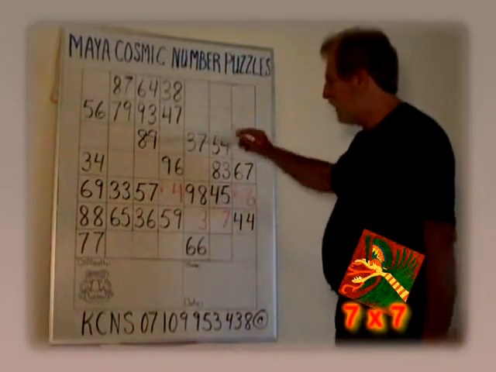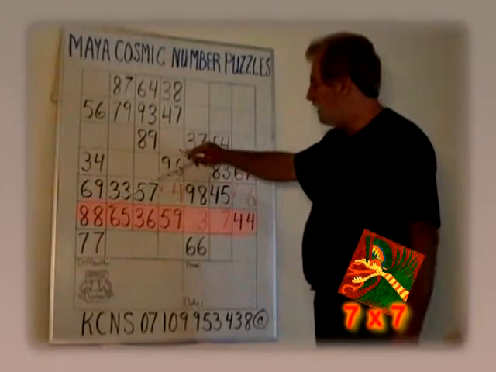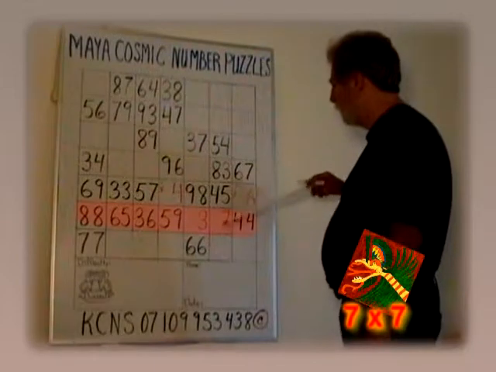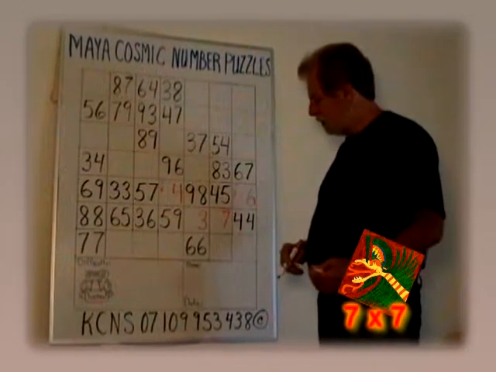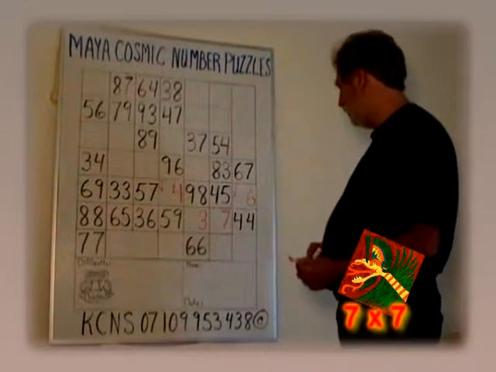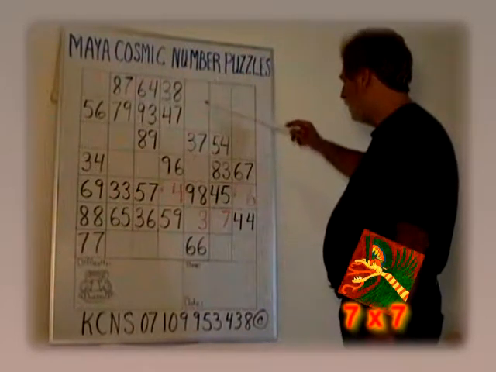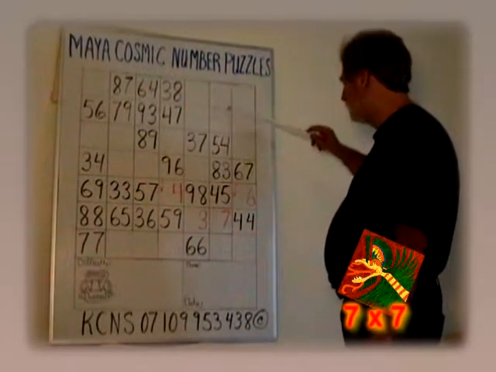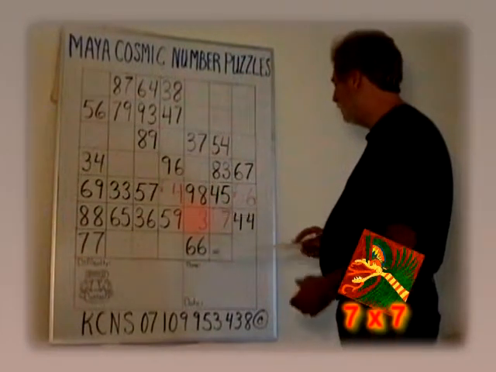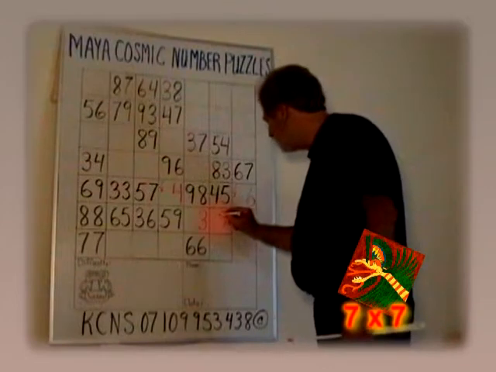Solving for the left side, we have an 8, a 6, a 3, a 5, and a 4. That means that we are missing both a 7 and a 9. When we check our columns, we see that we have a 9, so the 9 cannot go here. That means the 9 must go here.